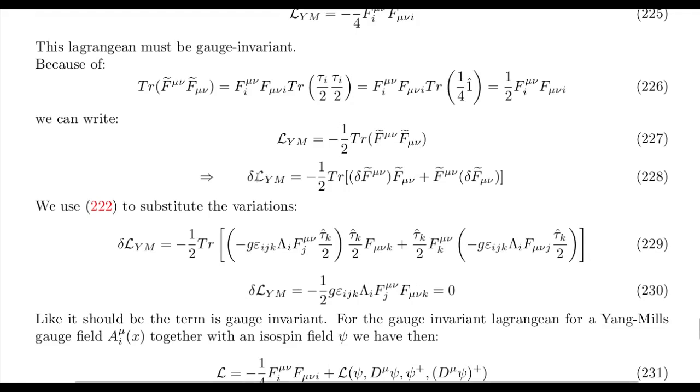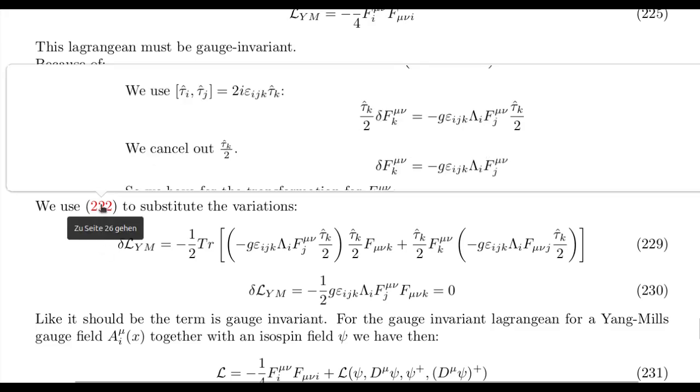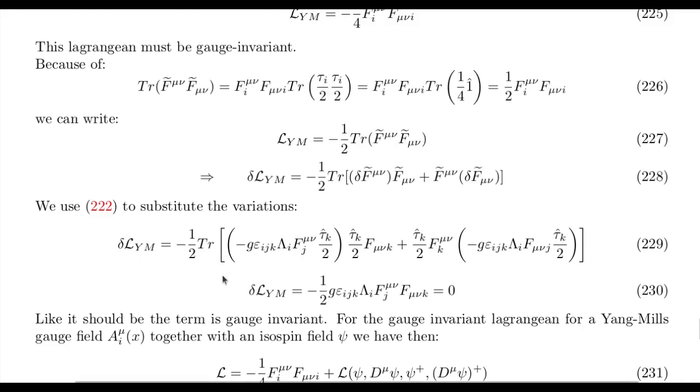So we vary the Lagrangian, delta L. Here we have two factors. That means if we vary, we get two terms. So here we have the variation of the first factor f and here of the second factor f. Then we can substitute the variations. We had the variation of f, and then we substitute that.